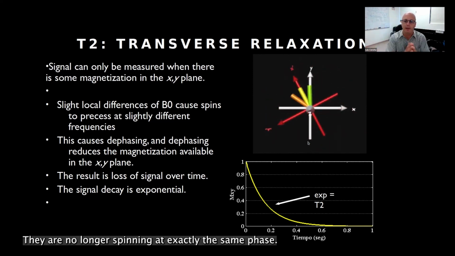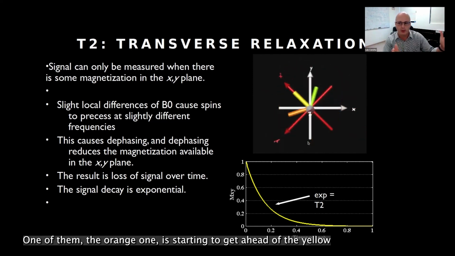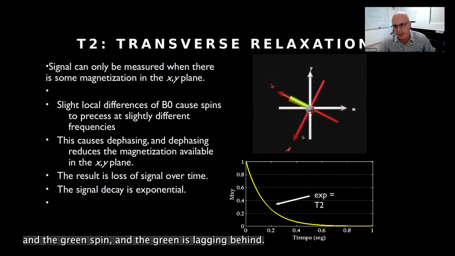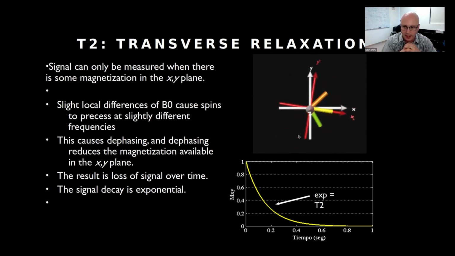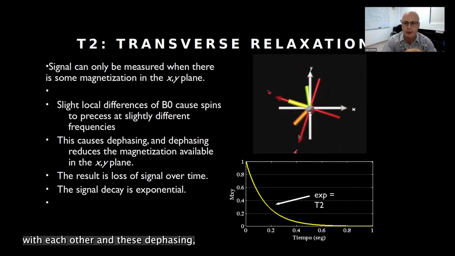They are no longer spinning at exactly the same phase. One of them, the orange one, is starting to get ahead of the yellow and the green spin, and the green is lagging behind. And as you can see, they're starting to fan out in terms of how they are organized with respect to each other.